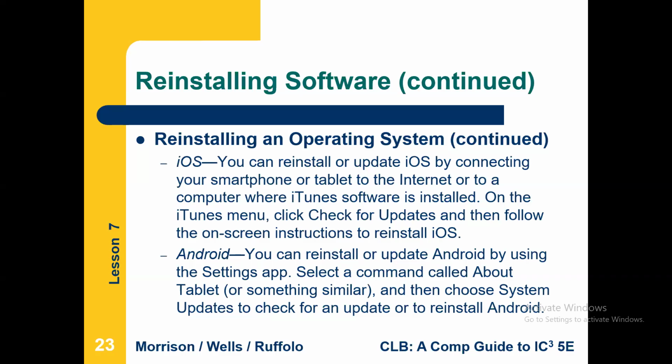You click on that and it will check for the update. If you've not set your phone to update automatically, then manually you need to go there to update or reinstall the software, which is the Android system for you.